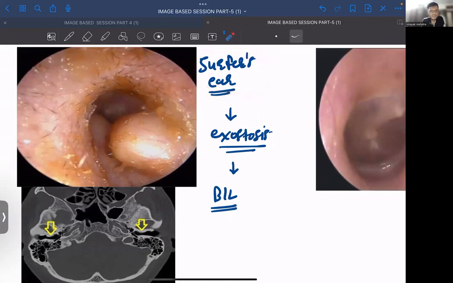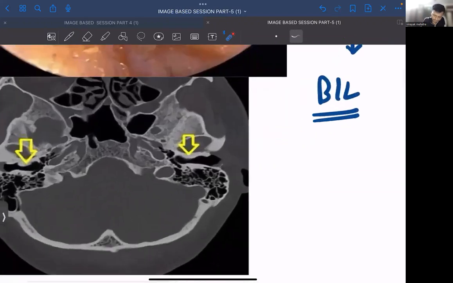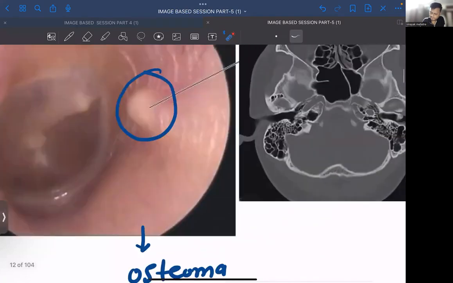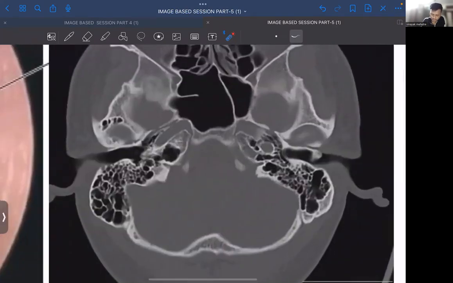This is asked in ENT exams. So what will you see? There will be bilateral bony growth in both ears. In osteoma, take a look.